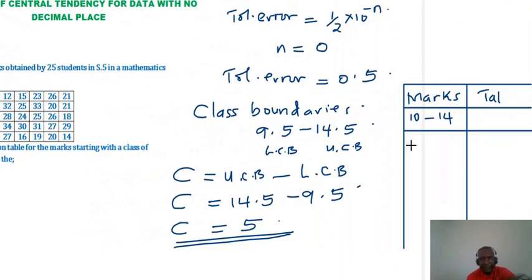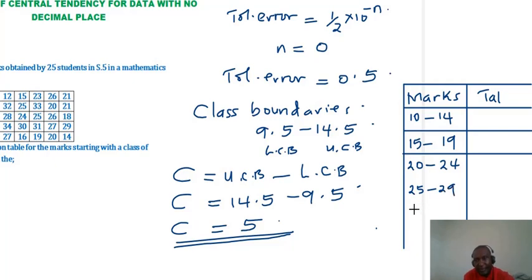So plus 5, which is our class width, you get here 15 to 19. The next class, we shall also do the same thing. We shall keep on adding our class width. So 15 plus 5, here we shall have 20 to 24. Plus 5, 25 to 29.